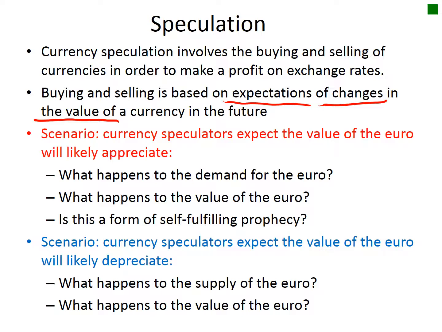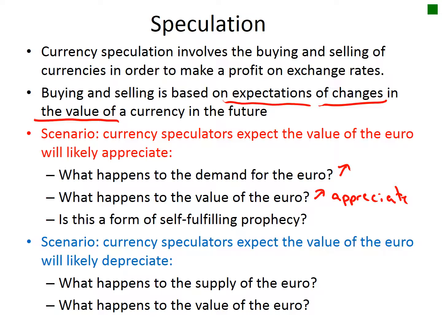What will happen to the demand for euros? Well, it will go up because people will be buying it now. What happens to the value of the euro? It will increase or appreciate. And what's interesting is that if enough people are doing this, it's a form of self-fulfilling prophecy, because the speculators thought it would go up, they buy more, and they drive it up because of that belief.